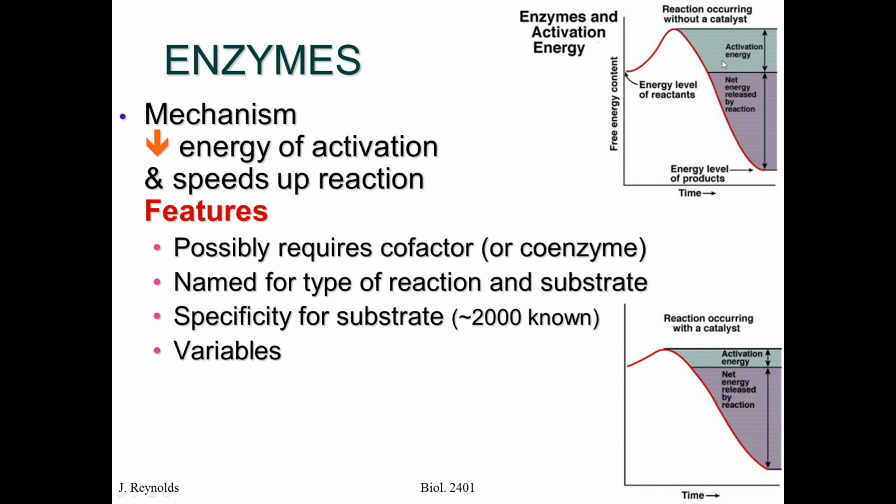So if you look at the graph up here at the top, you're looking at time on the x-axis. You're looking at the energy required to make the reaction go up the y-axis. The reactants, or the A plus B or whatever the reactants are in your reaction, they have to get over an energy hump.